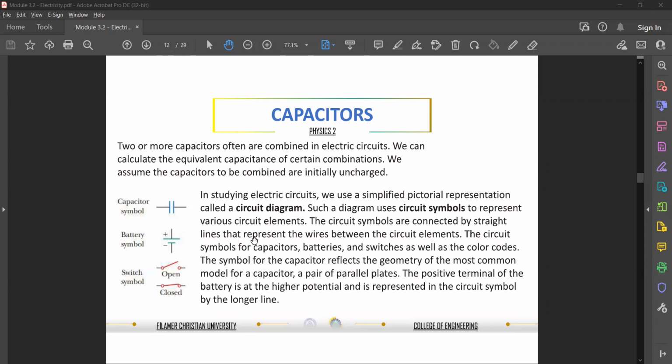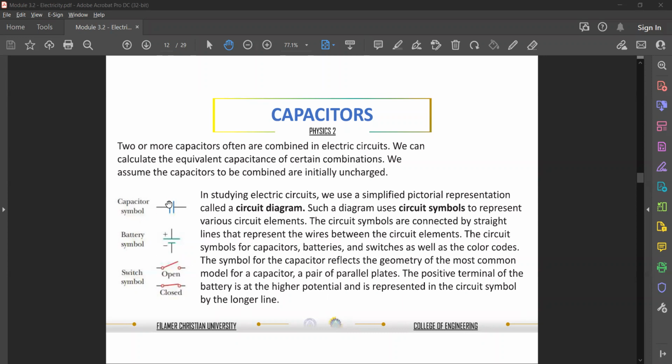So the circuit symbols for capacitors, batteries, and switches, as well as the color codes. The symbol for the capacitor reflects the geometry of the most common model for a capacitor, a pair of parallel plates. The positive terminal of the battery is at the higher potential, and it is represented in the circuit symbol by the longer line.